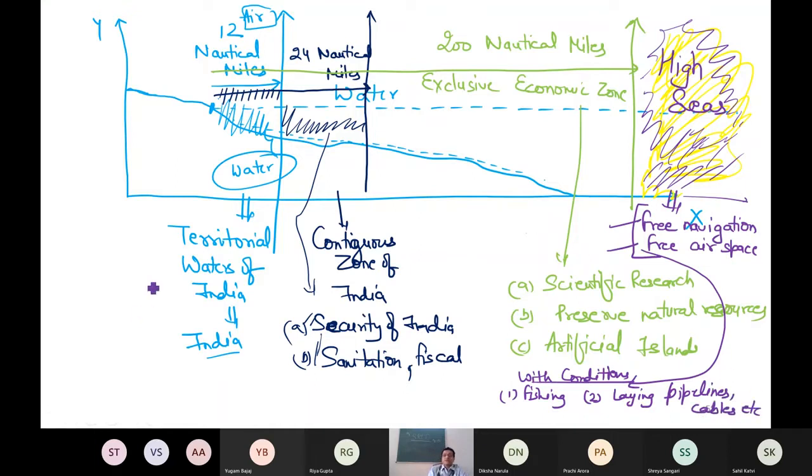Now, how am I defining this? Because we have the Indian Territorial Waters, Continental Shelf, Exclusive Economic Zone and Other Maritime Zones Act 1976.